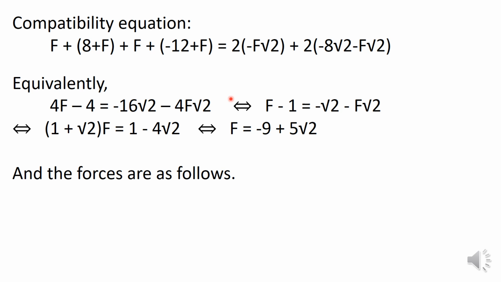Divide throughout by 4, you get f minus 1 equal to minus root 2 minus f root 2, which is 1 plus root 2 times f equal to this thing. You can solve for f, you get f equal to minus 9 plus 5 root 2. So once you obtain f, you can substitute into the combined force diagram, and you can get the forces in all the members.